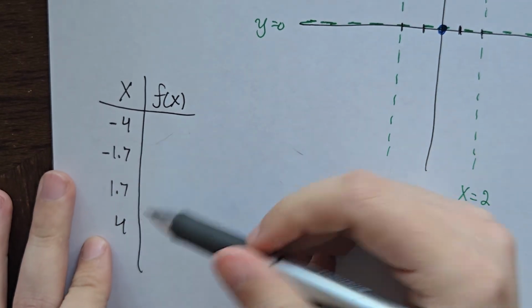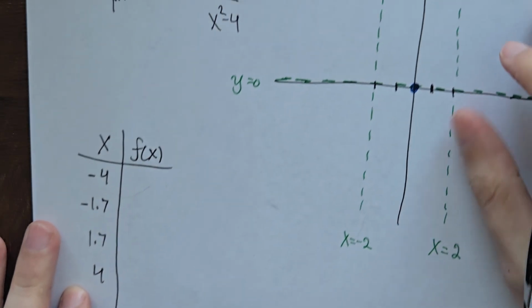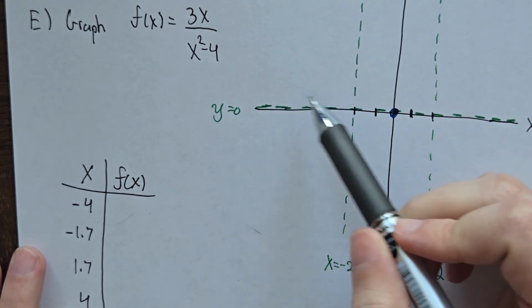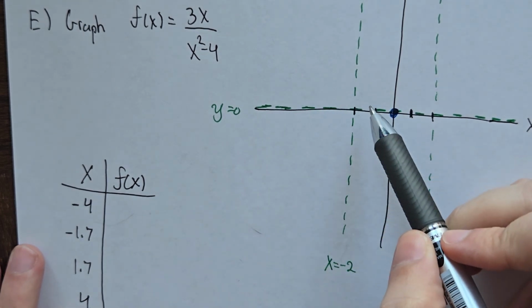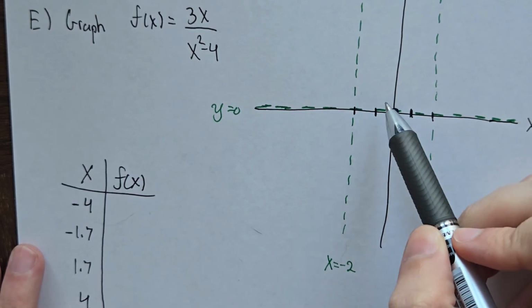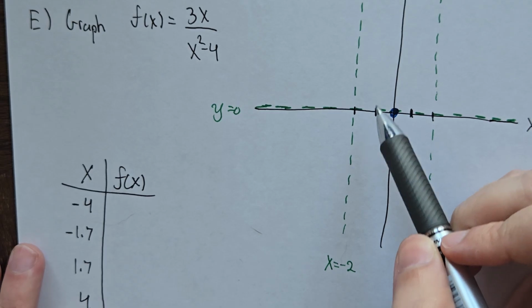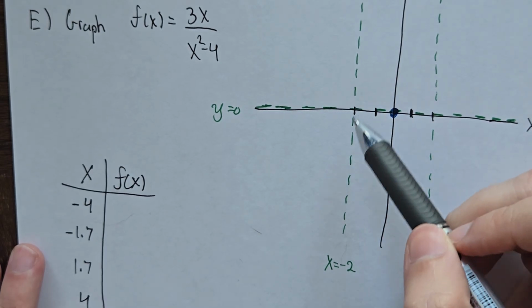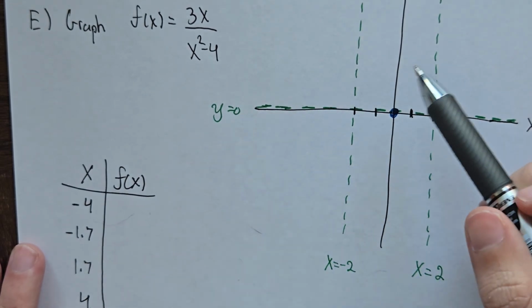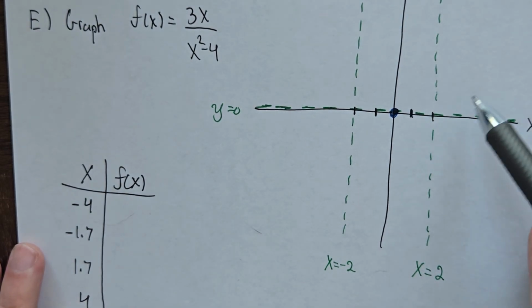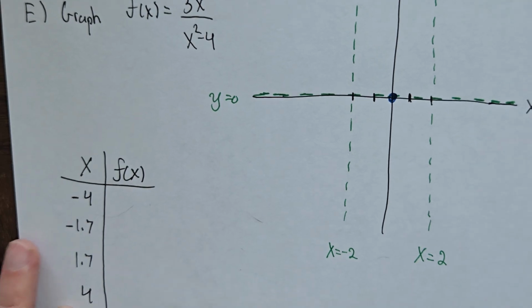The reason why I've chosen these right here is because they fall between these important intervals. -4 is outside of this asymptote. -1.7 is in between this asymptote and this origin point right here. You can choose to do -1 exactly. That might have even been a little easier, but I've already run the calculations for these. 1.7 again between these two right here. And then we also have +4 out here.